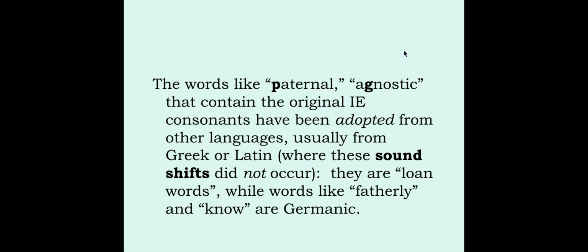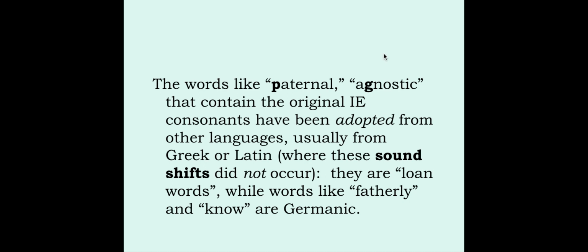But words like fatherly and know, right, with an F and a K, must in fact be Germanic words, right? They are words that are native to English, that are kind of part of the English language, and they've developed in English from Proto-Germanic and on into English. They're not borrowed or adopted from some other language.